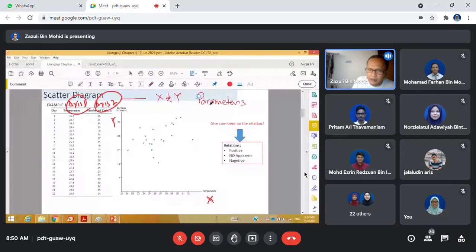Parameters can be divided into two. One is input, one is output. So the input must be on X, and the output must be on Y.